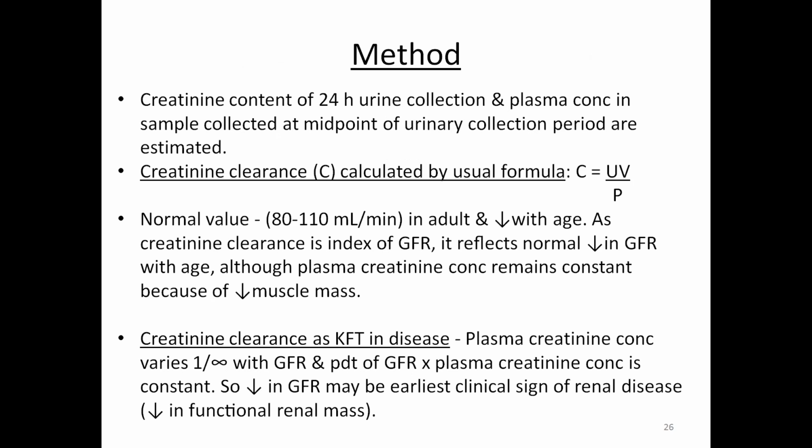What is the method of creatinine clearance test? So creatinine content of a 24-hour urine collection is taken, and plasma concentration in the sample collected at the midpoint of the urinary collection period is estimated. So the formula for clearance is the same: C is equal to UV upon P. Now normal value is 80 to 110 ml per minute in adults, and it decreases with age.